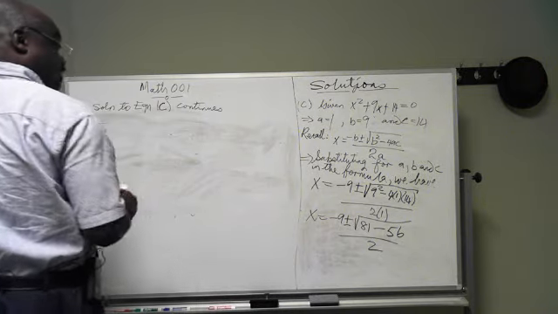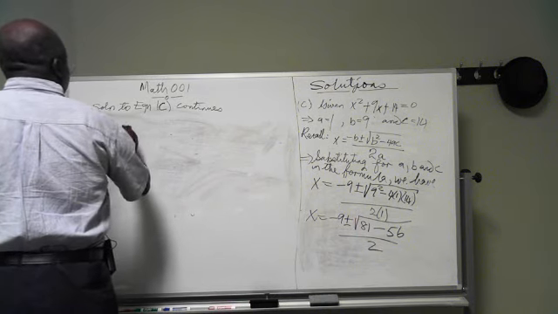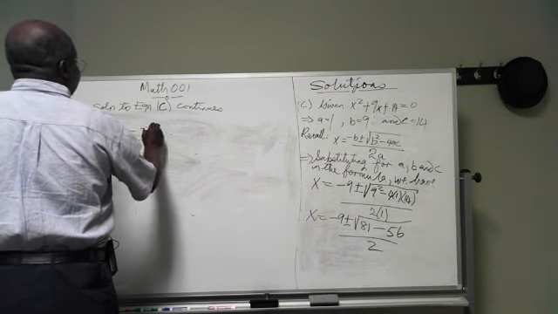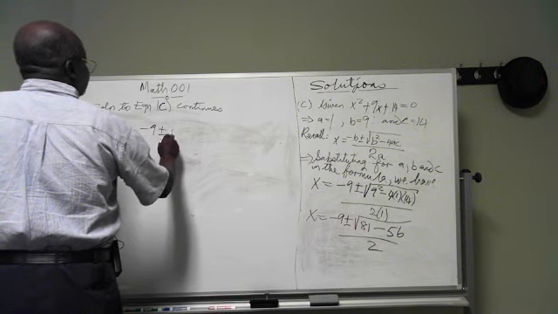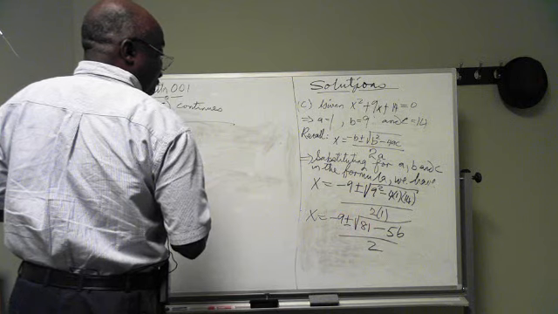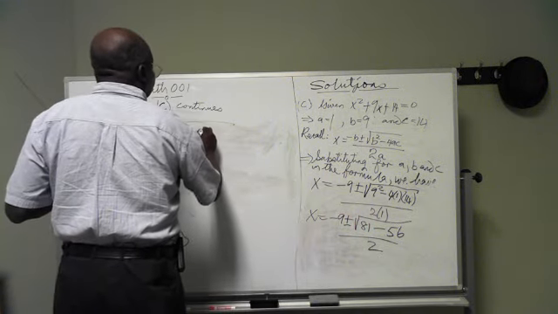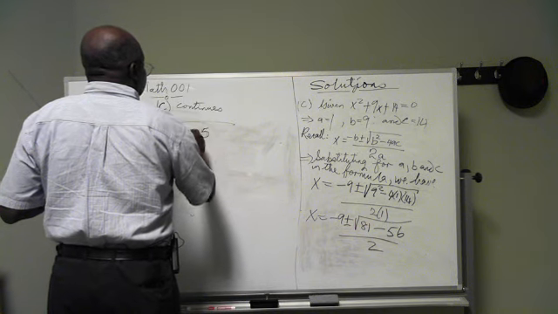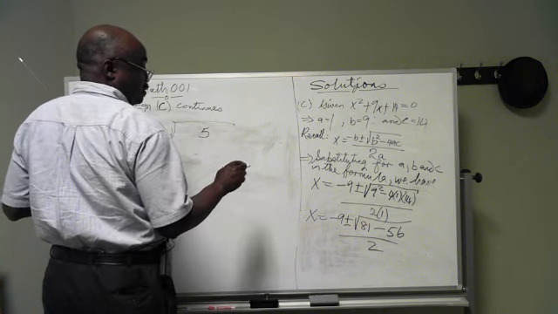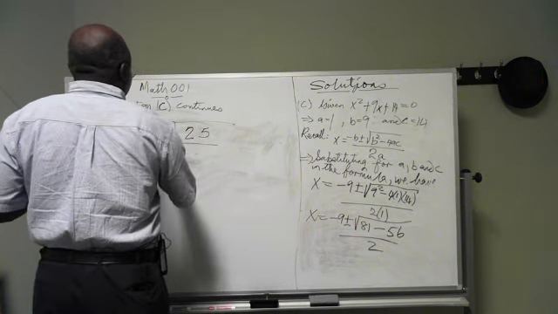If we simplify further, x is equal to minus 9 plus or minus the square root of 81 minus 56, which is the square root of 25, all over 2.